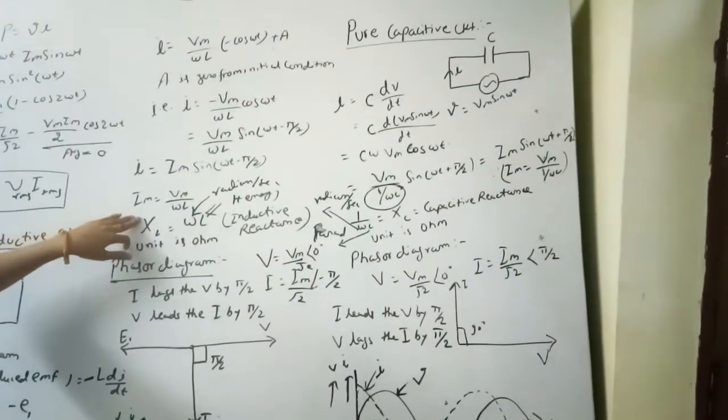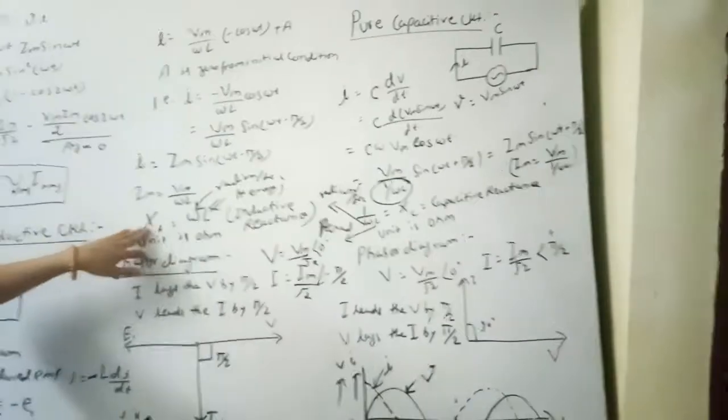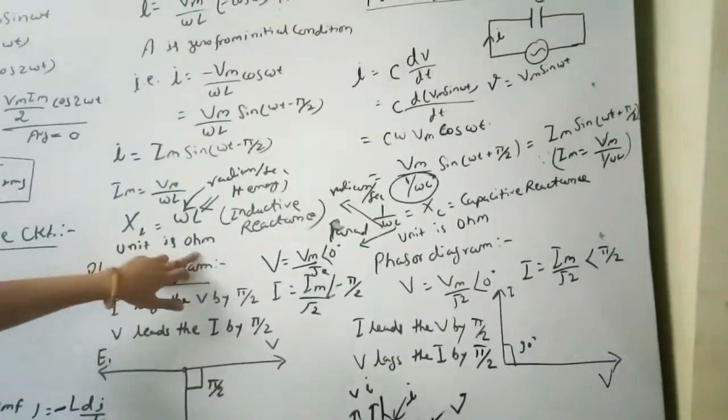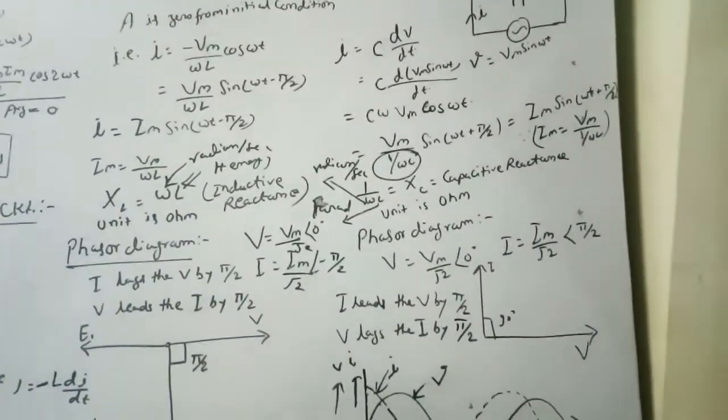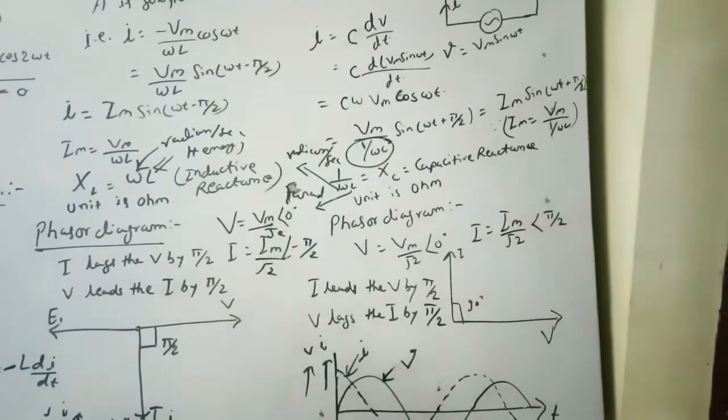So I was saying that the unit of XL is ohm, when omega is in radian per second and L is in Henry.